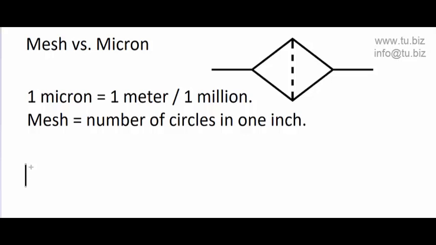Now, if two circles can fit in here, that's two mesh. 3, 4, 5, 100 circles, that's 100 mesh, and 200 circles is 200 mesh. So the bigger the number, the finer the filtration of the mesh. And that's the difference between a micron and a mesh.